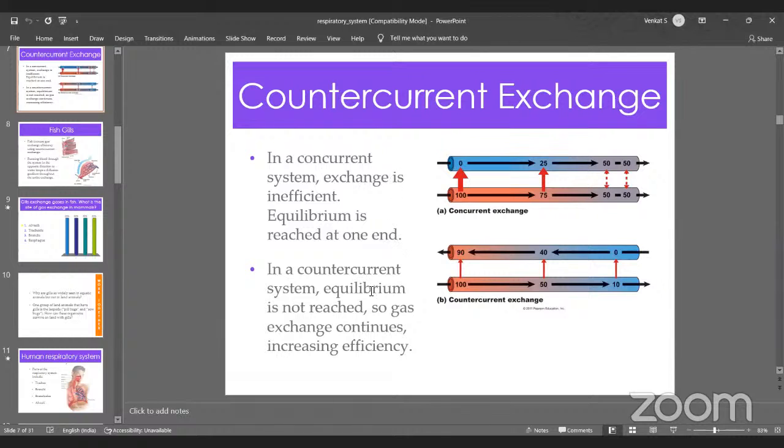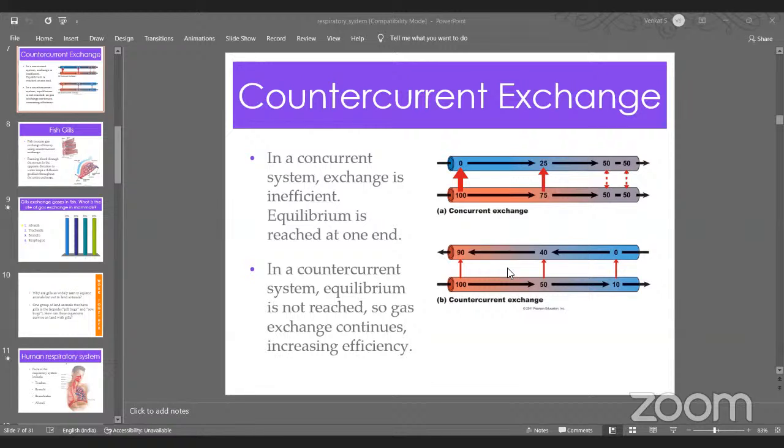In a countercurrent mechanism, equilibrium is not reached, so gas exchange quantity and efficiency increase. So this is countercurrent exchange.